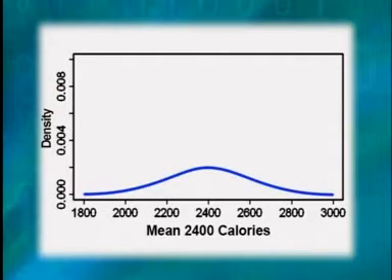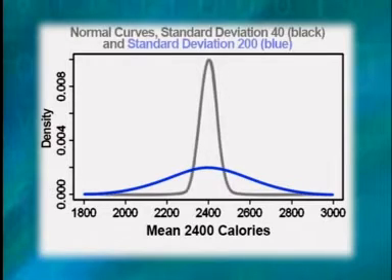If the standard deviation is very big, then we would expect from a sample of 25 that the distribution might be rather spread out, such as this blue curve, the low blue curve. On the other hand, if the American intake of calories among adult men were rather closely clustered to one another, then when we take a sample of 25, we would expect to have a distribution that is taller and more peaked, like the black curve.